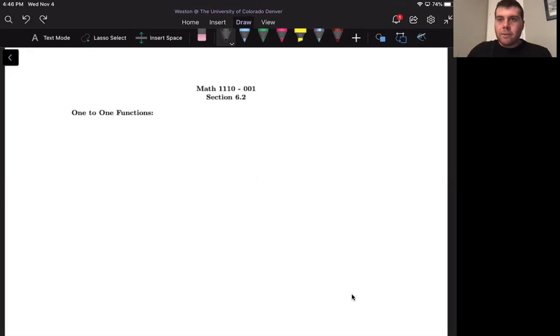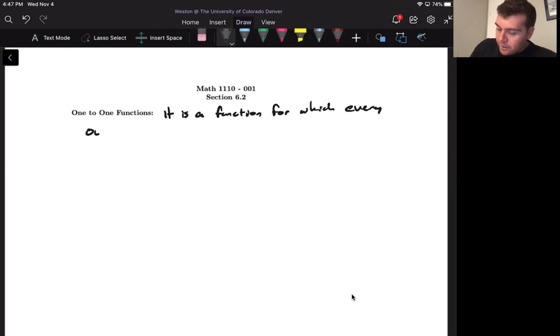So let's just write down what that means. It is a function for which every output has a unique input.